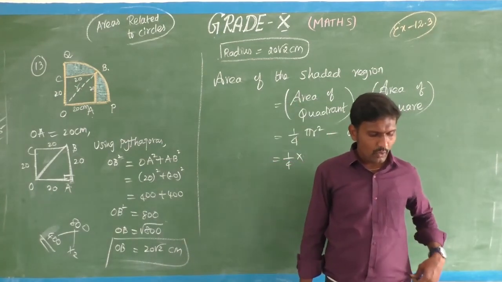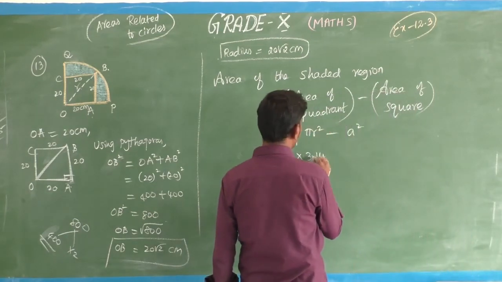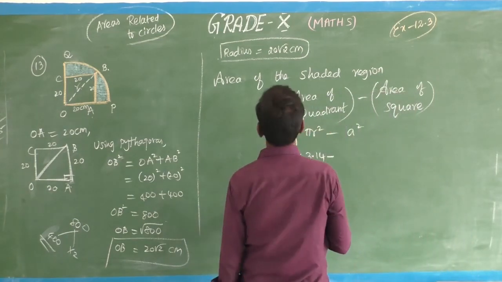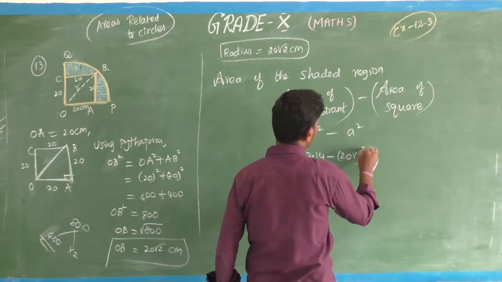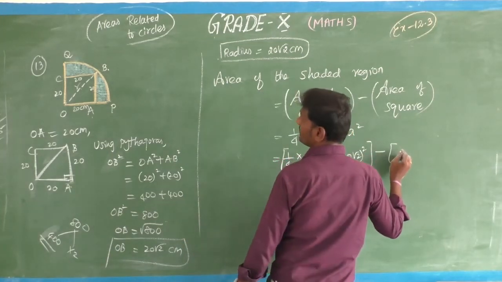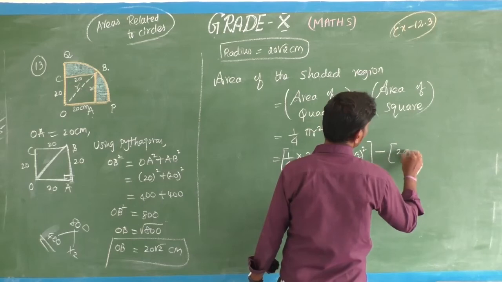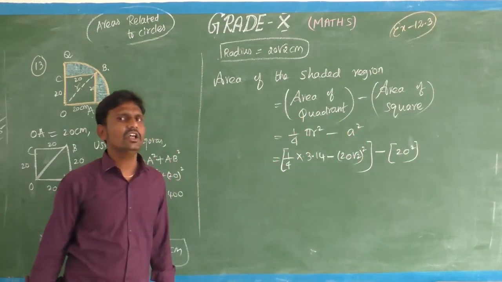Pi is given as 3.14. So 3.14 into the radius 20 root 2 the whole square, minus the side of the square, 20 into 20, or 20 square. That is the area of the square.